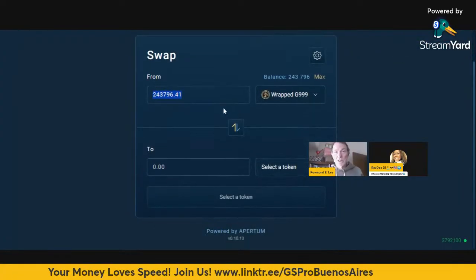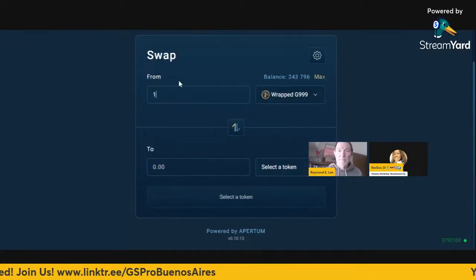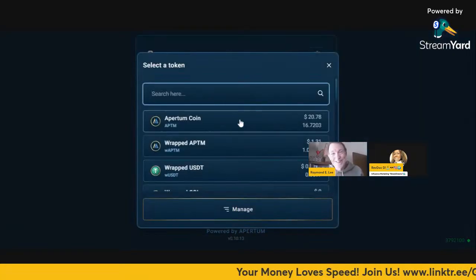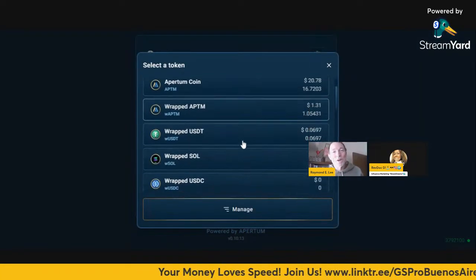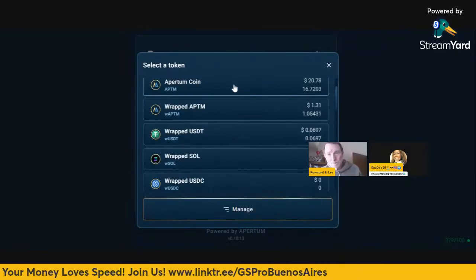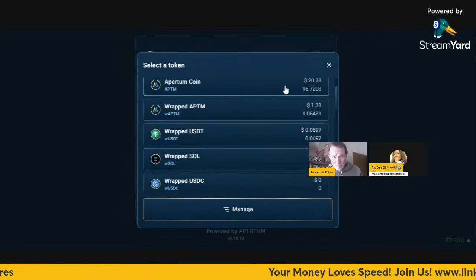And what I would like to do is transfer, not all of these, but some of them. Let's say, nice round number, to the Apertum coin. Now, why do I want to translate it to the Apertum coin? We can see here that I've already got some Apertum coins there.